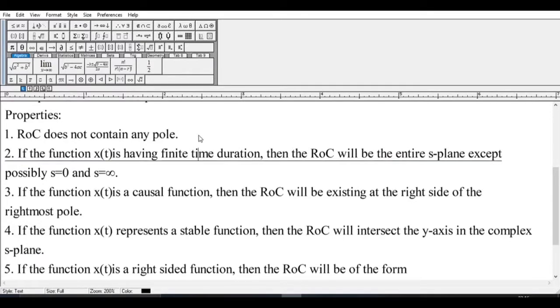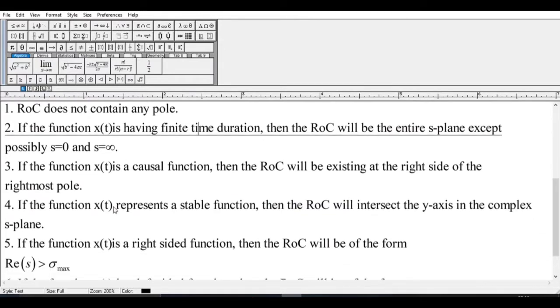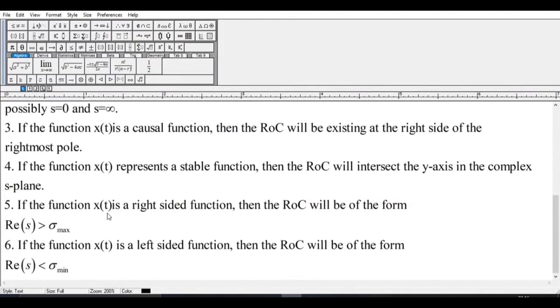If the function is of finite time duration, then ROC will be the entire S-plane except some exceptions. If it is a causal function, then ROC will be to the right side of the rightmost pole. If it is a stable function, then ROC will intersect the y-axis. For a right-sided function, it will be of the form real of s greater than sigma max, and for a left-sided function, it will be of the form real of s less than sigma minimum.